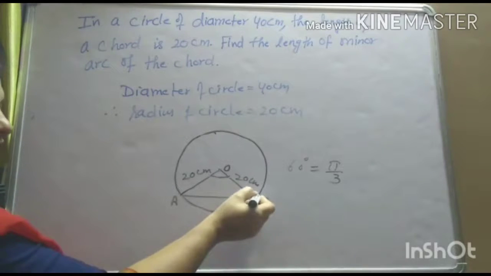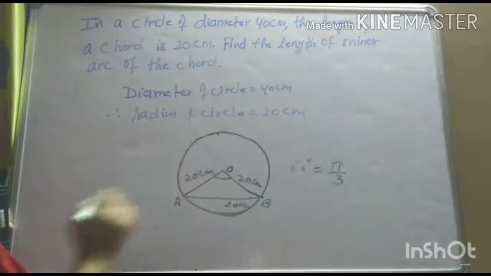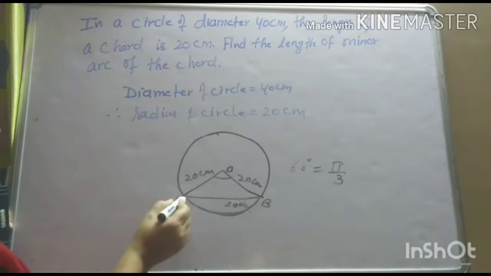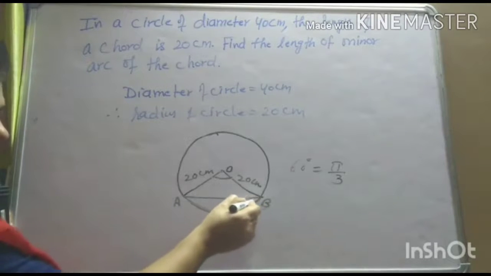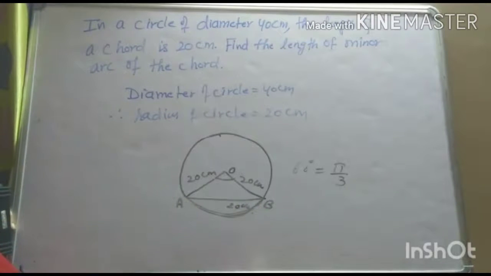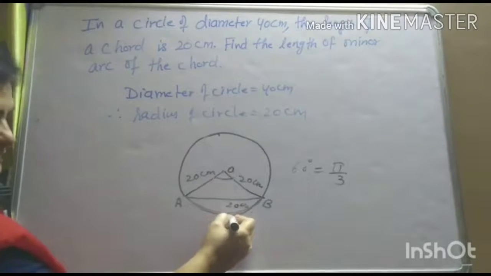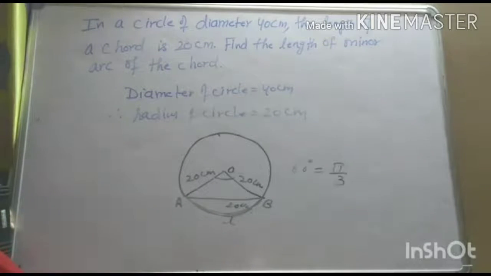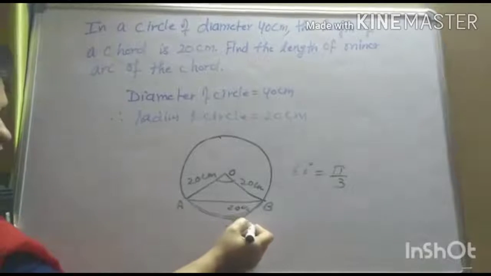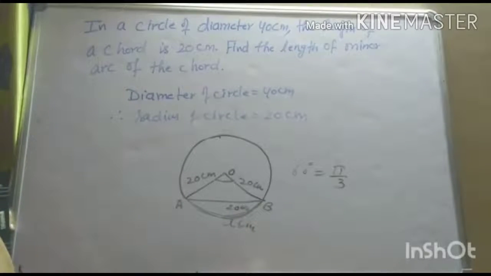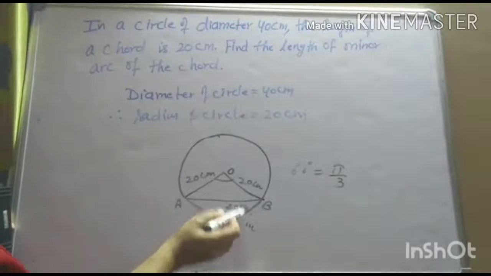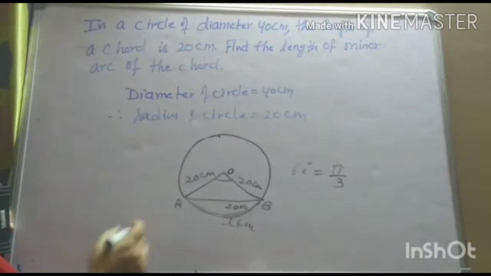This AB is the minor arc. So we have to find this length. We can represent it by L units, or we can say centimeter, because the unit should be the same.